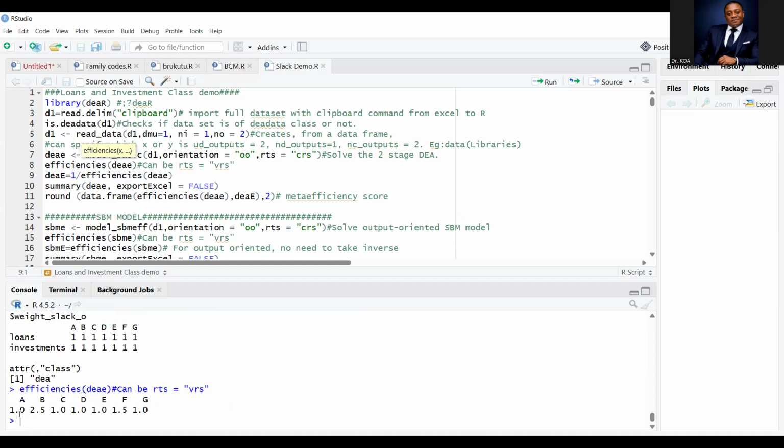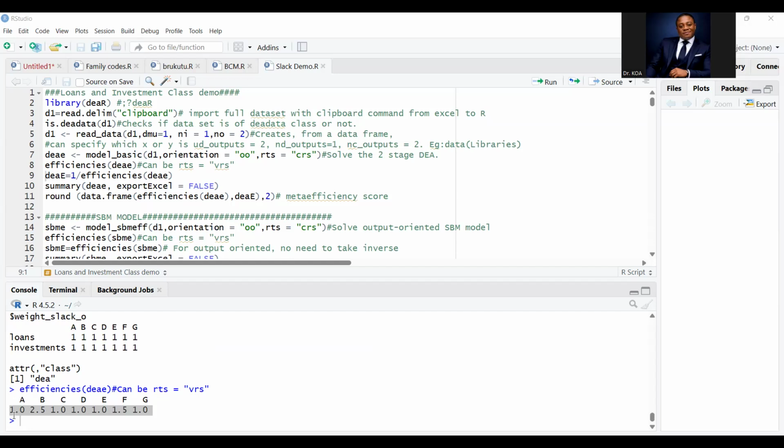You can see that just as you all calculated, the output efficiency score for B is actually 2.5. Exactly as we saw it. Now, you will notice that A is efficient. If you can remember the graph, let me take you back a little bit to the graph.